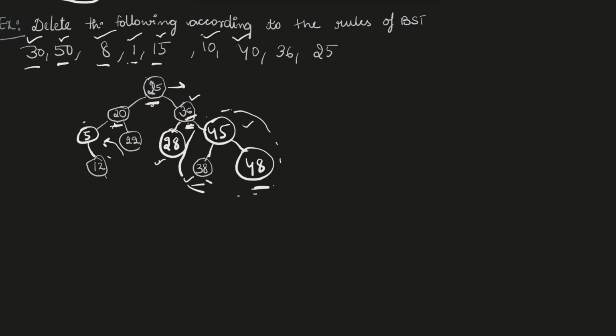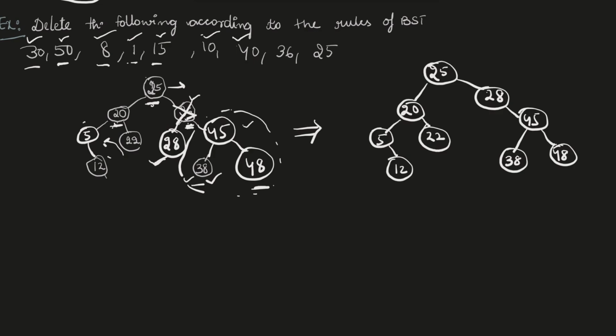So the minimum element is 38. So you can either replace it with 38 or 28. Now here I want to choose in order predecessor. So I'll replace 36 with 28. See, I have replaced this 36 with 28.